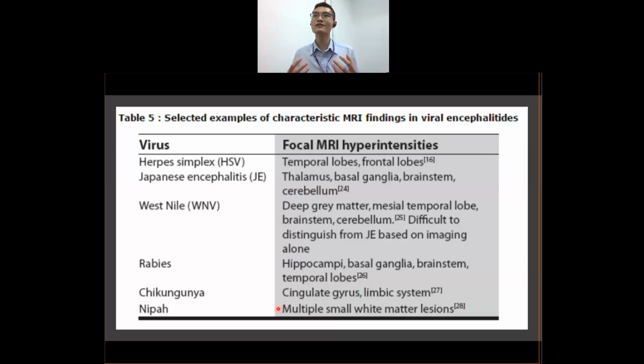Is it more likely to be bacterial, more likely to be viral? Of course, it is not a standalone investigation. Bear in mind the physical examination, history, routine blood investigations, CSF analysis, followed by MRI. We take all these things into account to make a sensible diagnosis.